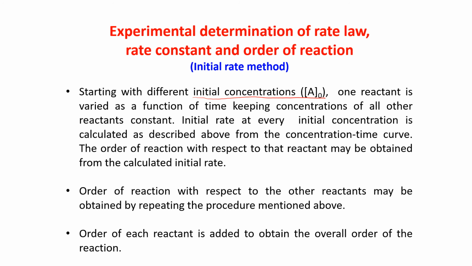Keeping B constant, all the time I'll take B as the same value, but every time changing the value of A. I'm starting first with 1 mole per liter, second with 2 mole per liter, then 3 mole per liter. Like that, I'm changing the concentration of A.